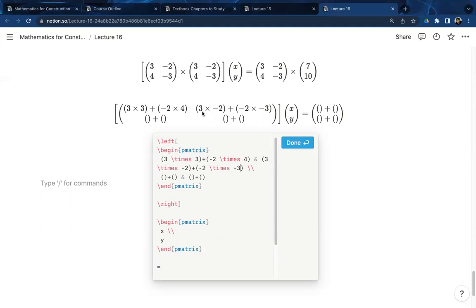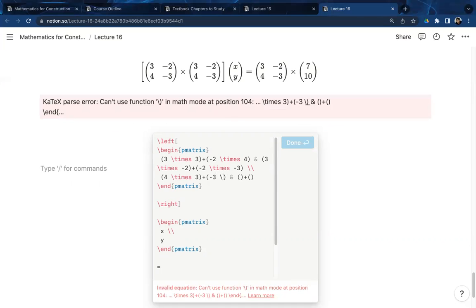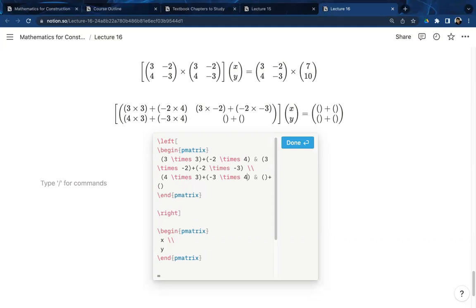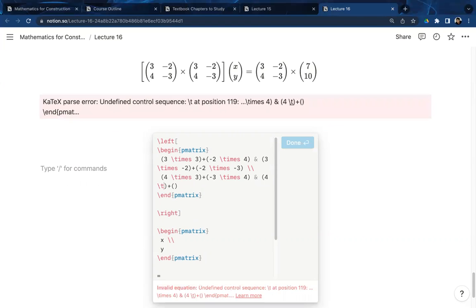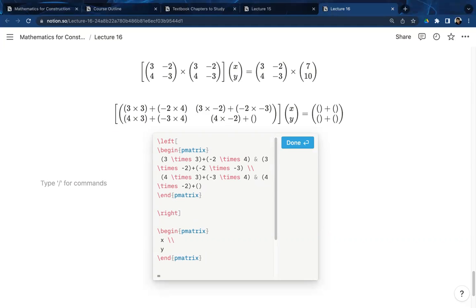Bottom left is second row by first column. So 4 by 3 plus negative 3 by 4. And bottom right is second row by second column, 4 by negative 2, negative 3 by negative 3.